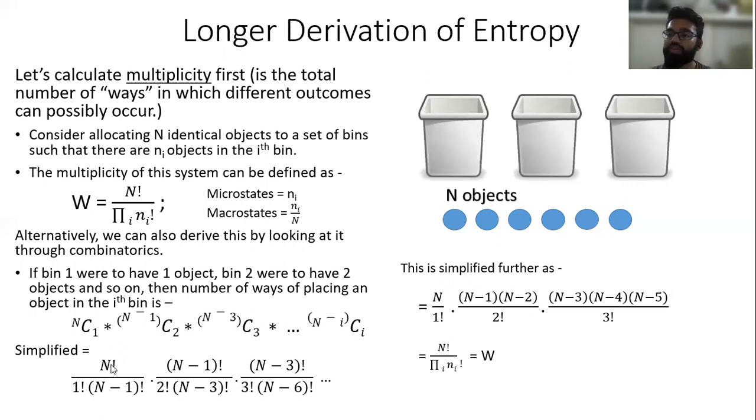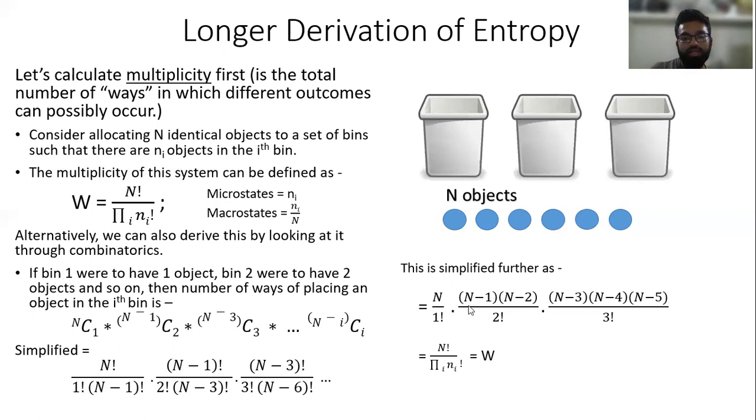This gets simplified fairly easily. Within each of these terms, you can cancel out the denominators, and the numerator would just have, for the first one, n. The second one, n minus 1 times n minus 2. And for the third one, n minus 3 times n minus 4 times n minus 5, and so on.